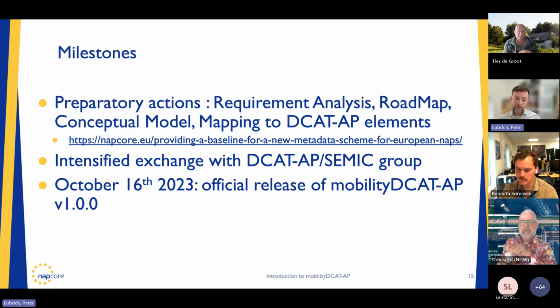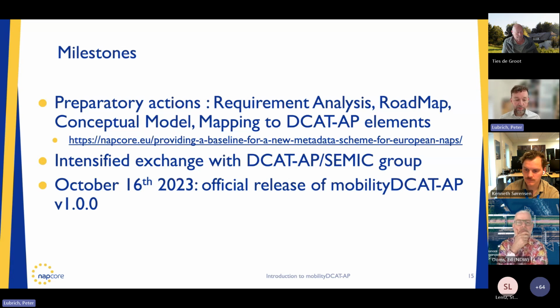You can see the link and you can download all the preparatory materials. Also, we thought we should not do isolated work. We should be in very close contact with the DCAT-AP SEMIC people. They were very helpful with that. We had an intensified exchange and consulting and advice from those colleagues. Thank you very much if you're here on the call.